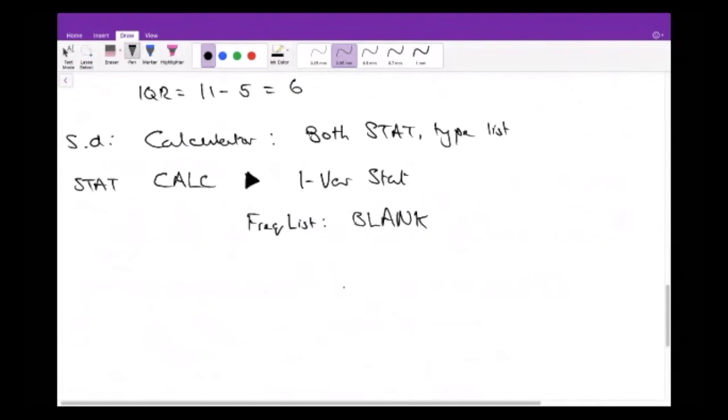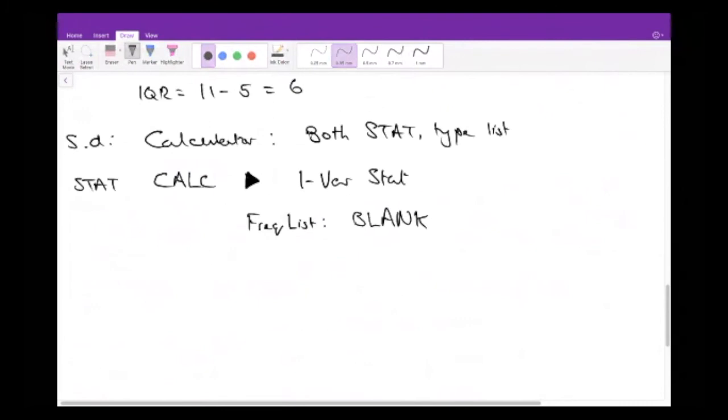On Casio, if you go on to second calc, your options, again, you have the choice of either setting a frequency list or setting the frequency equal to 1. So that's the same thing that we've done here.